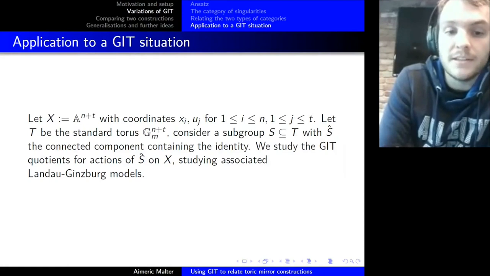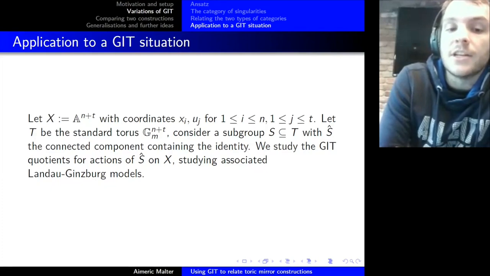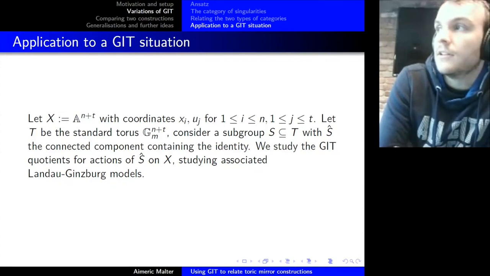We denote by T the standard torus, and we consider some subgroup S of it, where S hat is the connected component which contains the identity. Then we will study the GIT quotients for the actions of S hat on X, and technically what we're doing is studying the associated Landau-Ginzburg models.